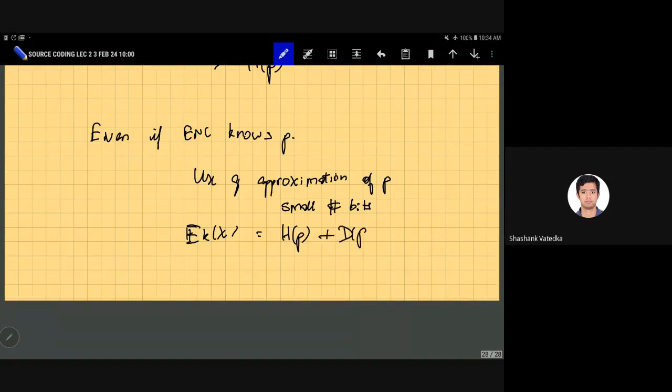This is the penalty you would need to pay for quantizing P or using some approximation of P.